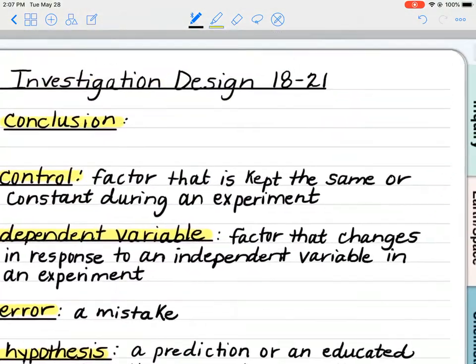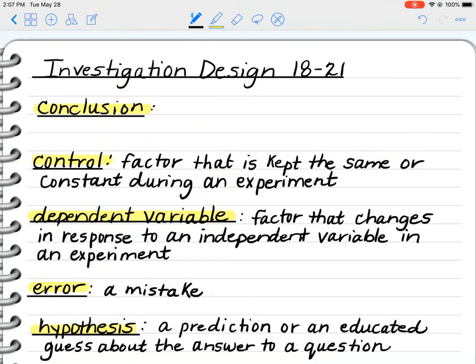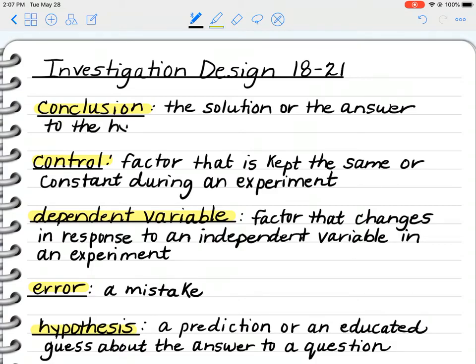And the last one, appropriately, is the conclusion. The conclusion is the solution or the answer to the hypothesis. And generally in science, and my background is in forensic science, so this is especially true, we never say that we prove a theory.